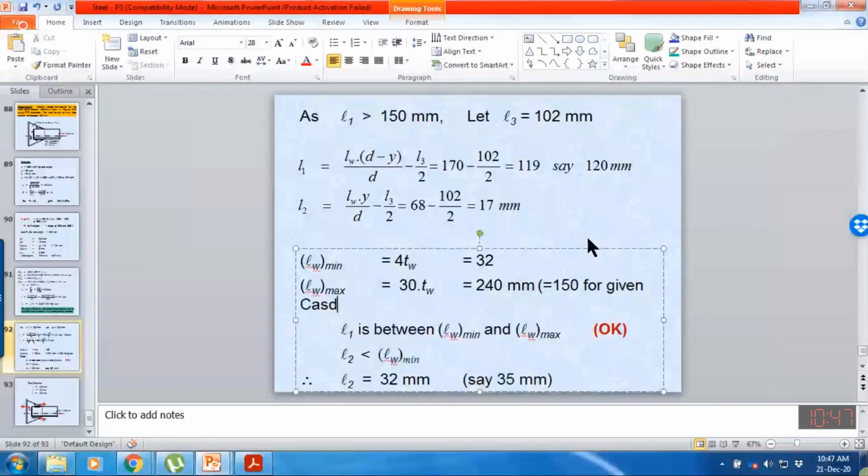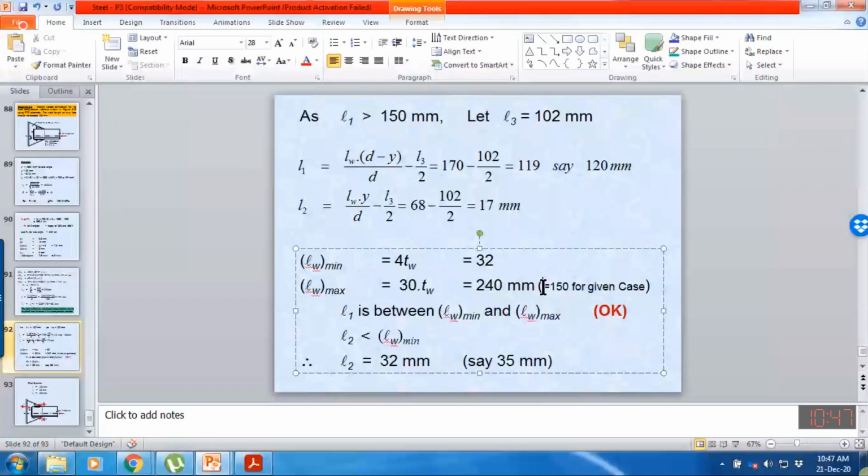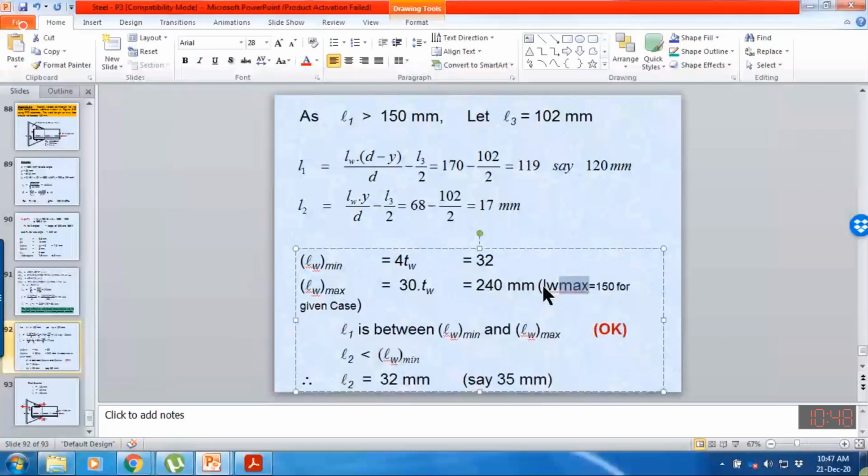Again, if you don't memorize this value, these values are also given in the LRFD manual. Just see here on page number 86, LW minimum is 4 times the thickness of the weld and maximum is 30 times. So for intermittent weld, the effective length of any segment has this limit: 4 times the thickness of the weld.